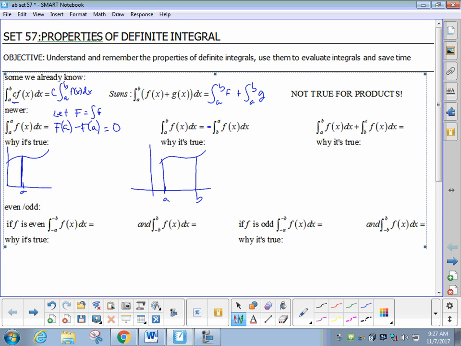If I go from a to b, then delta x is positive because I'm going left to right. However, if I go from b to a, then delta x is negative. The only way that those are going to be equal, if you switch the limits, is if you negate. They will not have the same area because the base would be negative in one case and not the other. So, switching the limits of integration, it's negative.